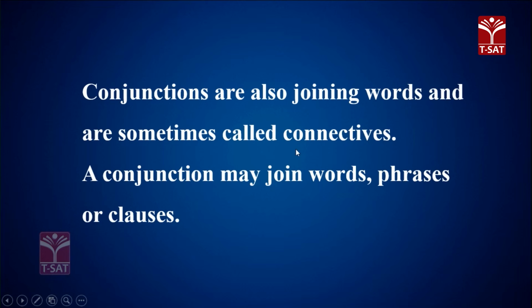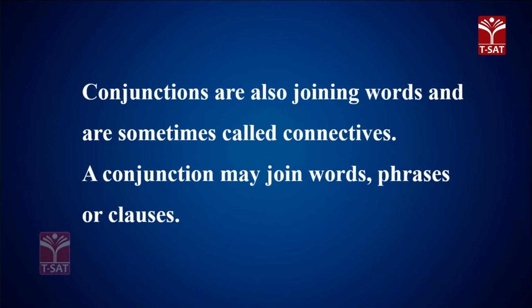Conjunctions are called joining words and also called connectives, right? And what do they join and what do they connect? A conjunction may join words, connect words, or join phrases, connect phrases, or join clauses, connect clauses.